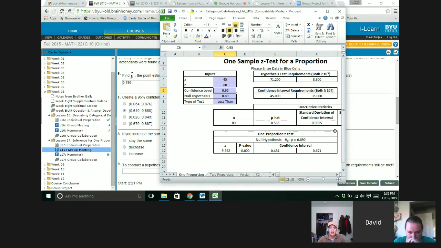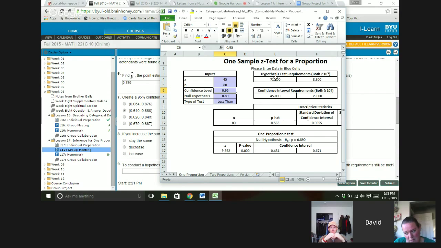Wait. If you increase the sample size from 60 to 80, what do you expect to happen to the width of the confidence interval? It went down, because it would decrease, because the larger the sample size, the more accurate the information, right? So then wouldn't the confidence interval increase?